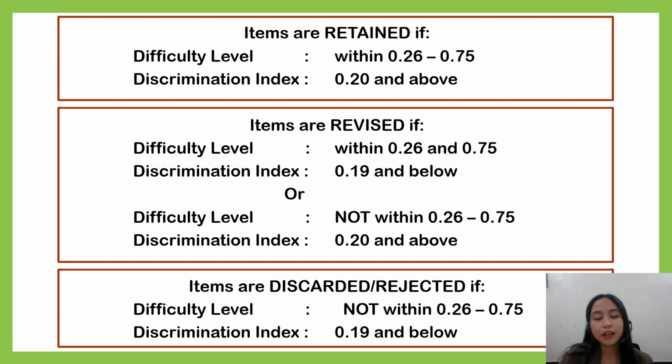Pag difficulty level naman, not within 0.26 to 0.75, ang discrimination index niya is 0.20 and above, the item should be revised. And last one, if i-reject naman natin ang item, dapat ito yung difficulty level and discrimination index niya. Sa difficulty level, not within 0.26 to 0.75, and the discrimination index is 0.19 and below.